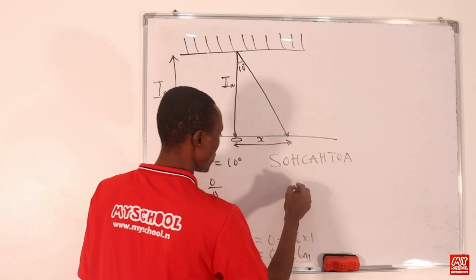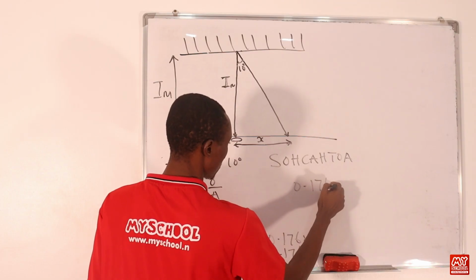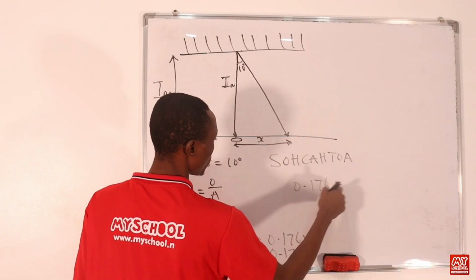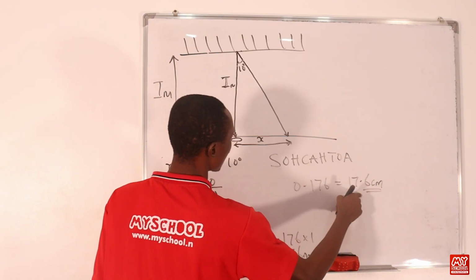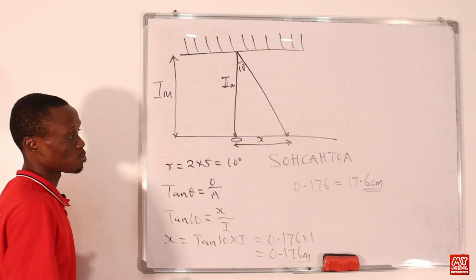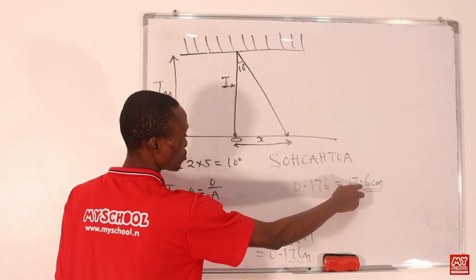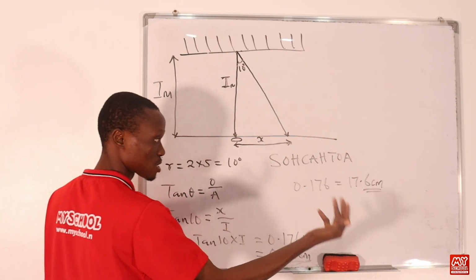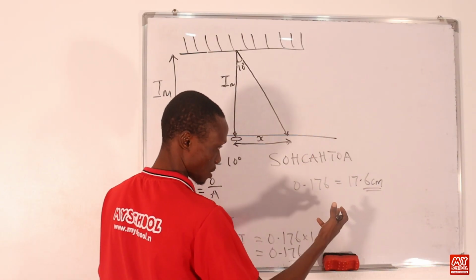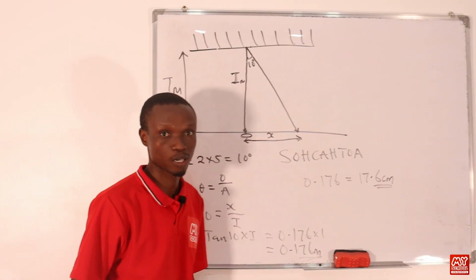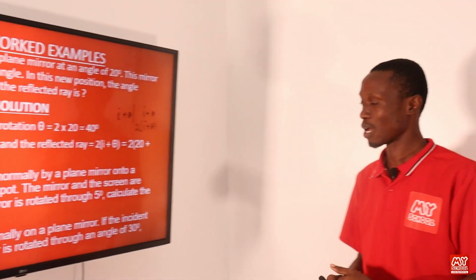So if we multiply 0.176 by 100, we'll have 17.6 centimeters. So in centimeters, the displacement of the spot is equal to 17.6 centimeters, but in meters it is equal to 0.176 meters. Okay, so let's return back to the screen to continue with our lesson.